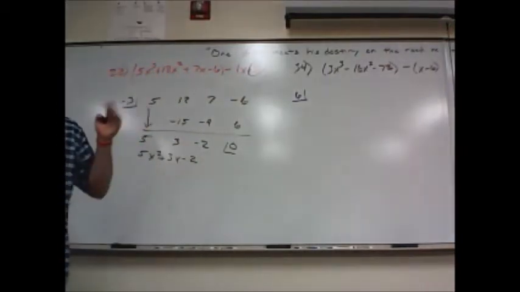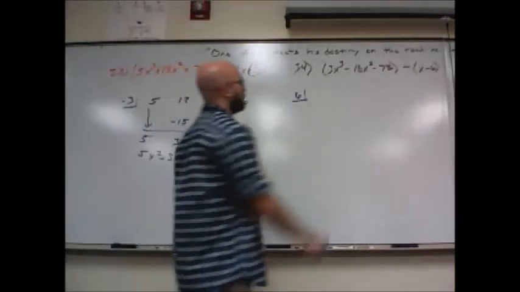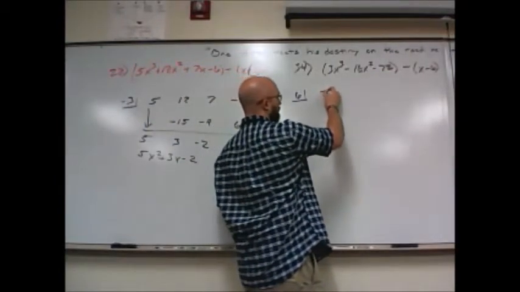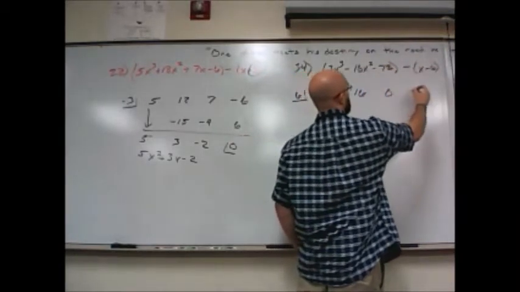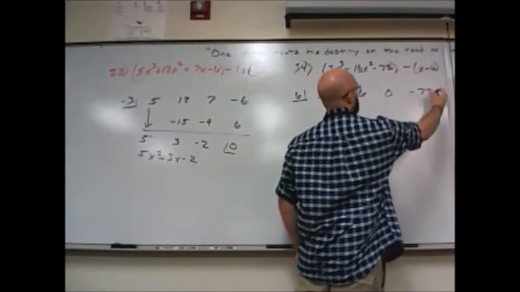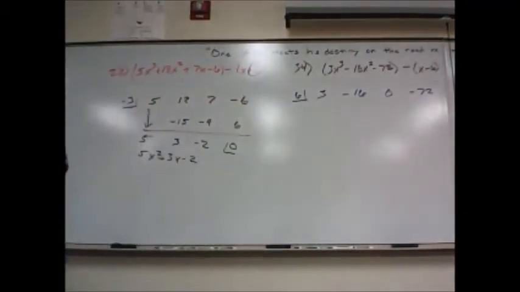Okay, what about the numbers? 3, negative 16, and a negative 7, and a 0. Yeah, that's right. We need that 0. Why? Because there's no x term. So you need that phantom 0. That's what I like to call it. I give it a cool name. So don't forget the phantom 0.